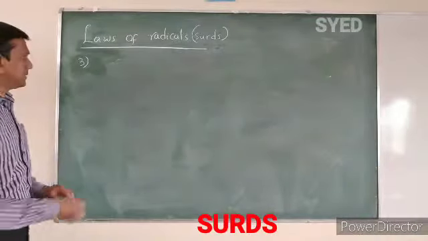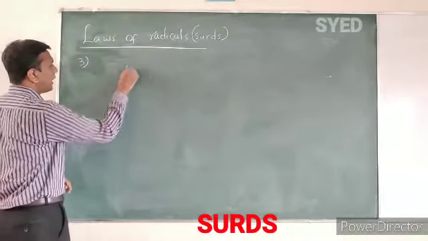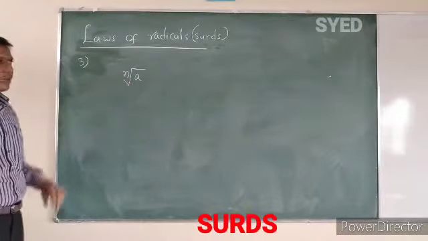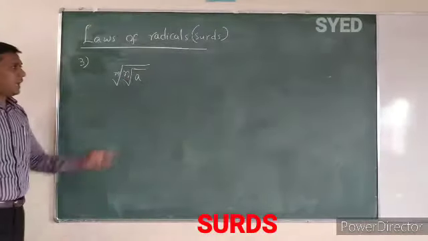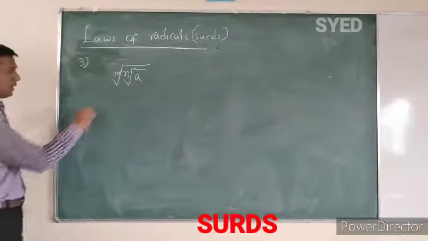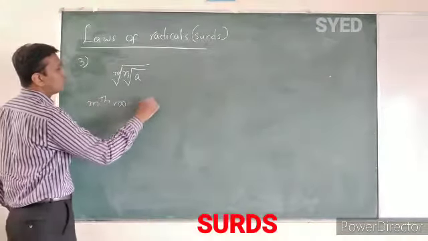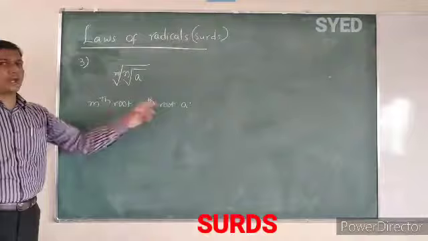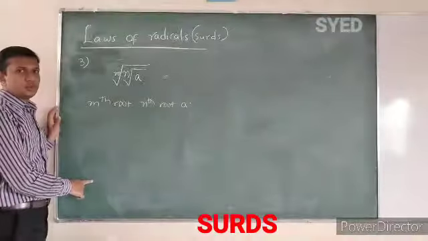The third law is: if a radicand, for example nth root a, is having one order, and it happens to get one more order like this, mth root of nth root a, then in this case what we have to do?